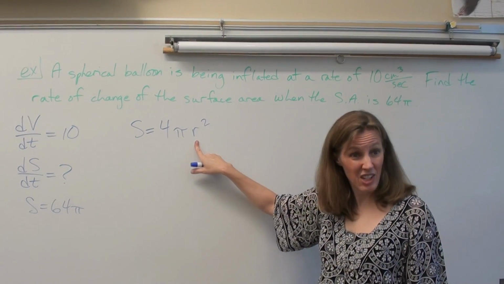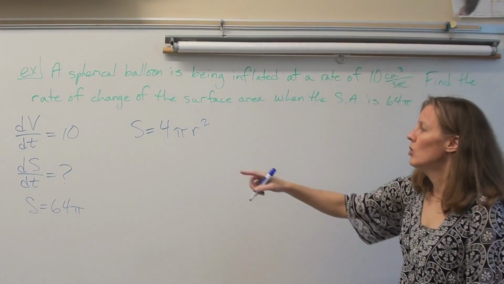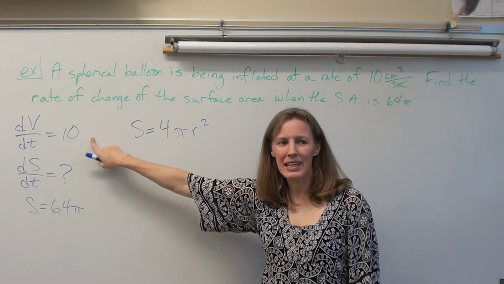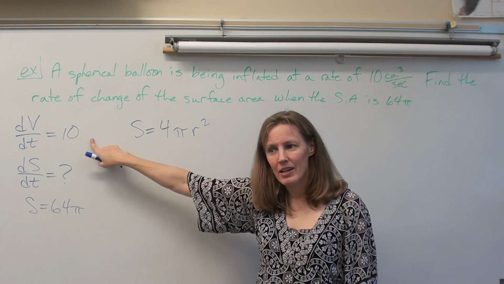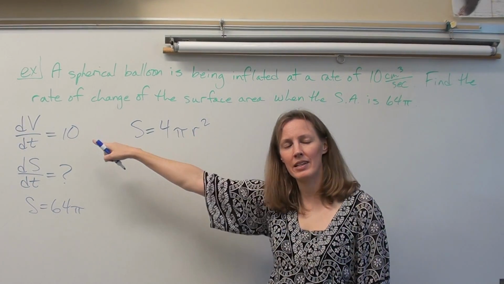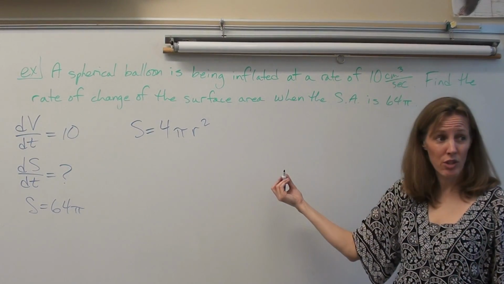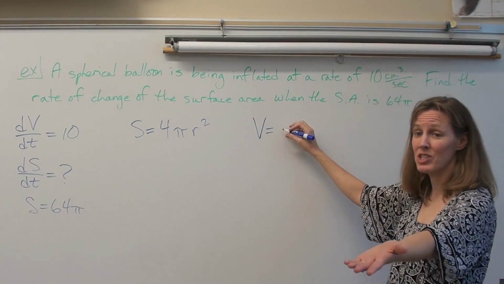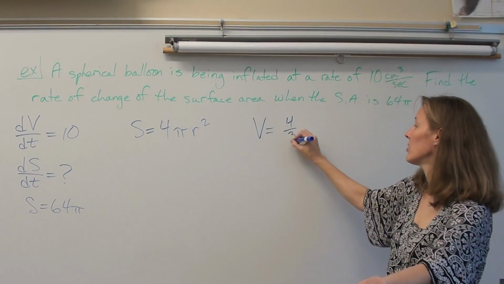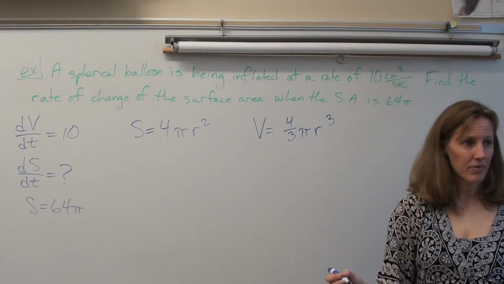So r needs to go. We're given dV/dt. How could we use dV/dt? We can't substitute r for dV/dt. So maybe we should write the volume equation too? Volume is 4/3 pi r cubed, right?